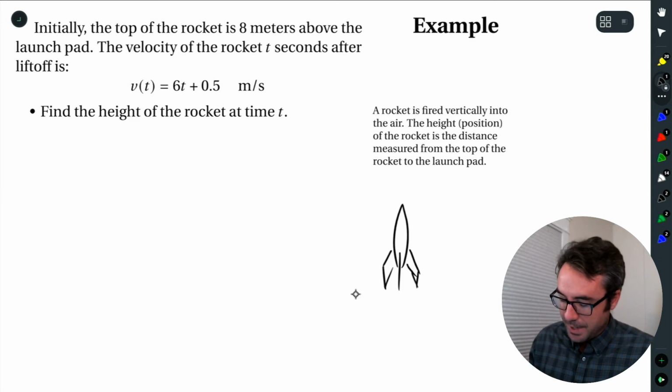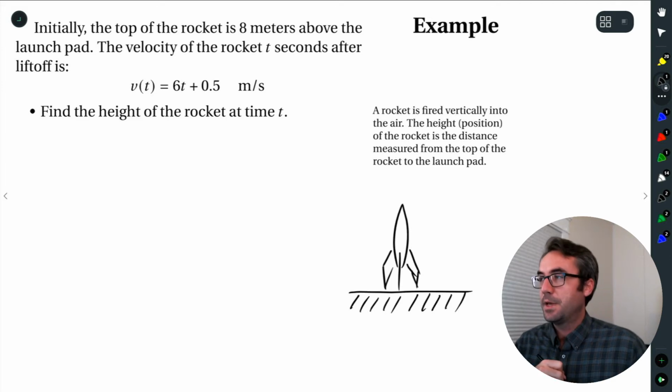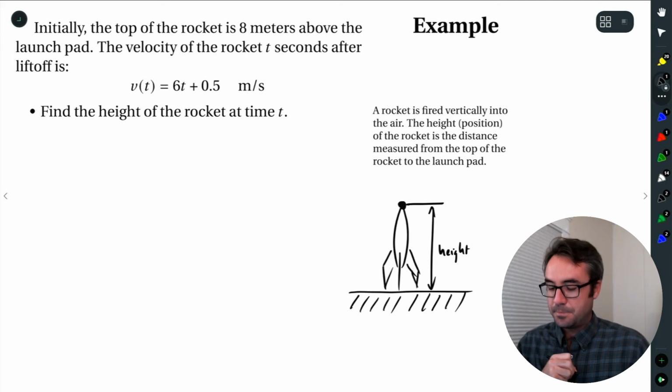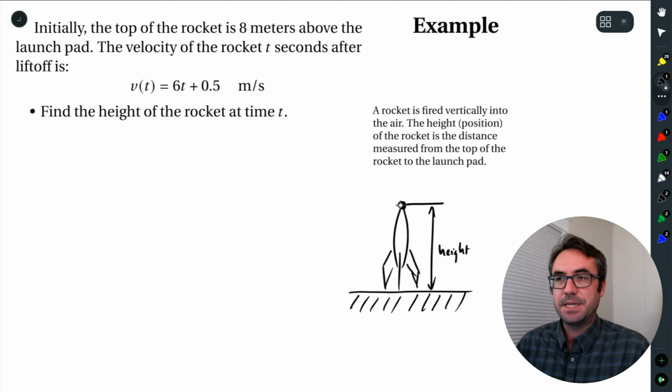And then we have our launch pad. Here we go. And what we're doing is the height is being measured from the top of the rocket down to the launch pad.